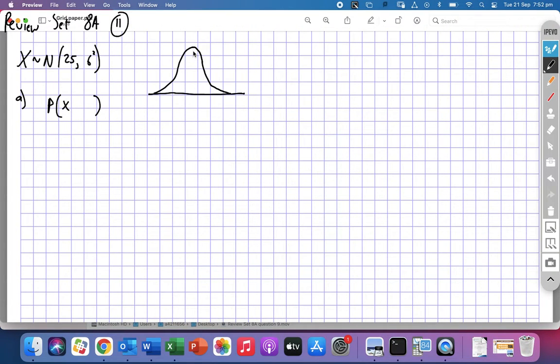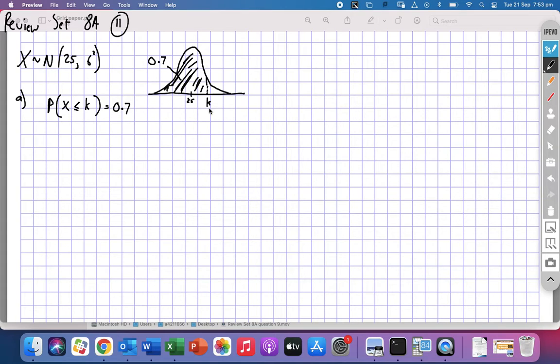So 50% is halfway, and that's 25. To get up to 0.7, I'm somewhere in here. As in, my K's somewhere about there on the curve, right? So this area is 0.7, smaller than or equal to K.